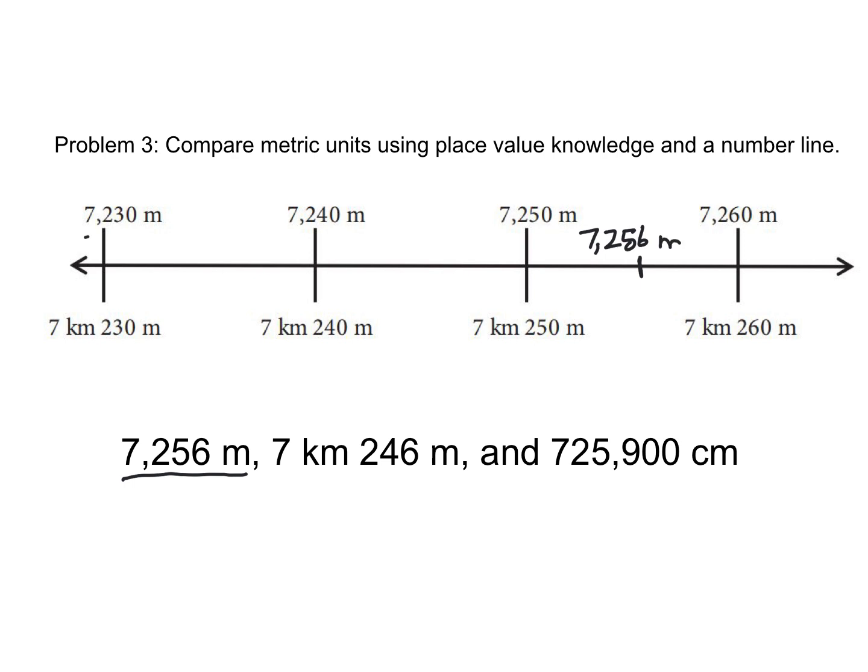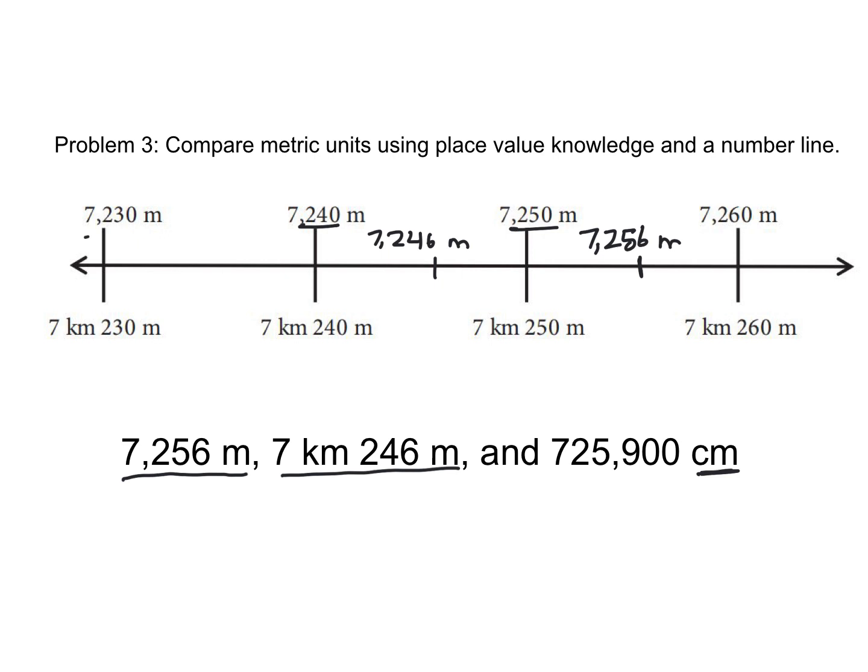We have a very similar 7 kilometers, 246 meters. And again, we can see that that's going to fall between these two. So we'll go ahead and put that one in. 7,246 meters. And then we have 725,900 centimeters. This is in centimeters. So remember that 1 meter is 100 centimeters.